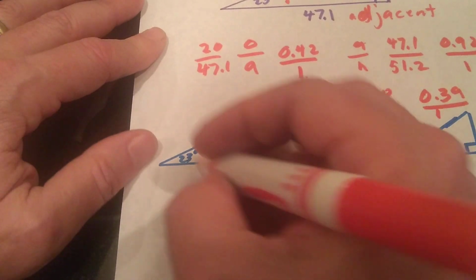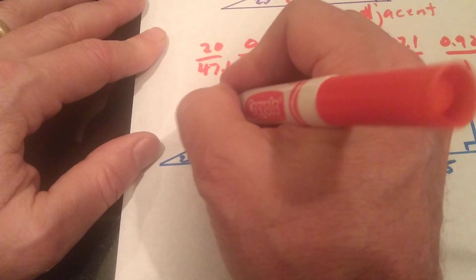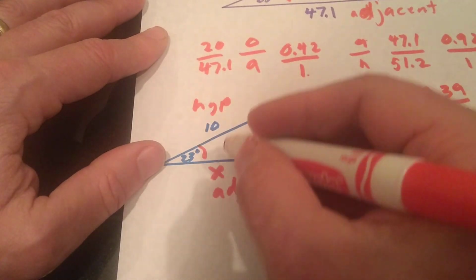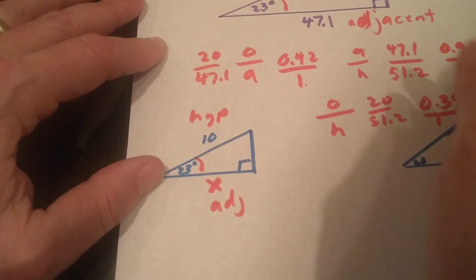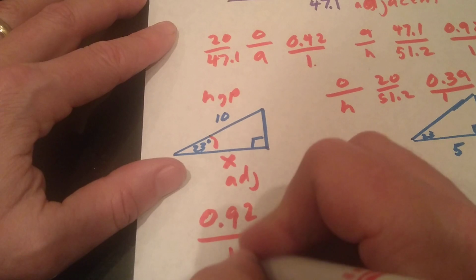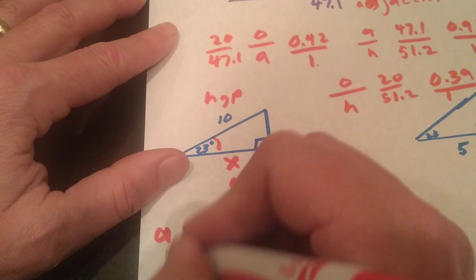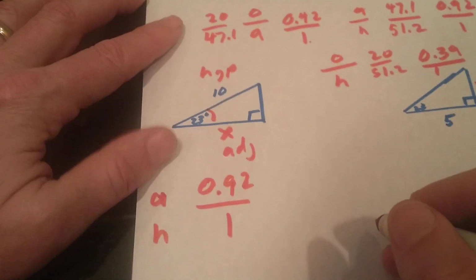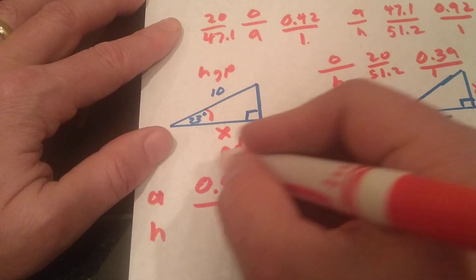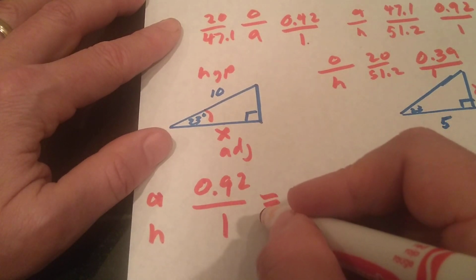This one right here, this is for the 23. This is my adjacent. This is my hypotenuse. So I need to say, okay, for all triangles, what's the relationship there? Adjacent over hypotenuse, this is right here. It's like if I had 0.92 to 1, once again, adjacent over hypotenuse. And so what I have here on the other side, this is a triangle with a hypotenuse of 1 and an adjacent of 0.92.